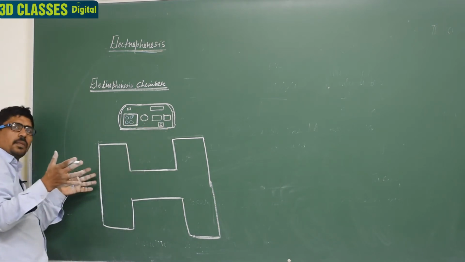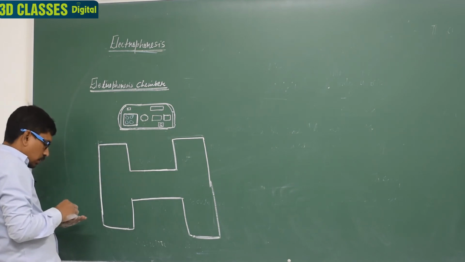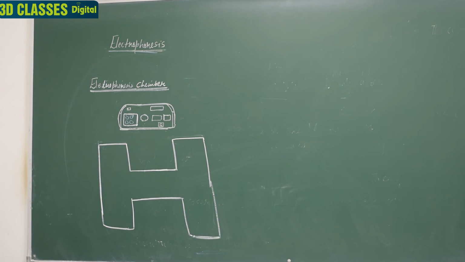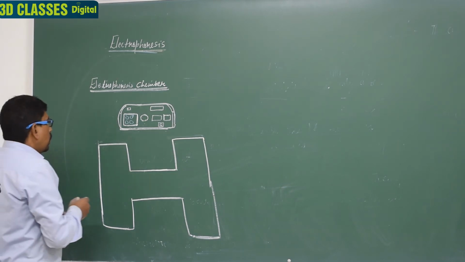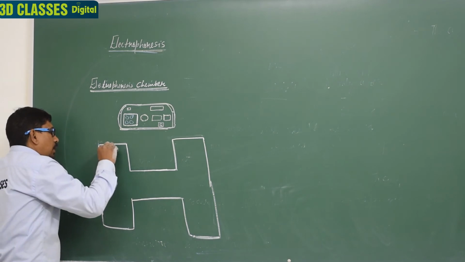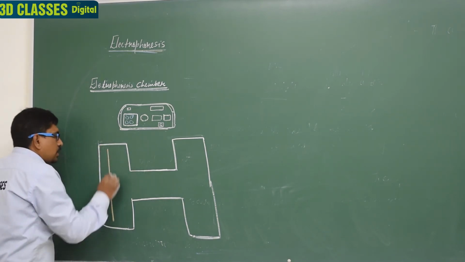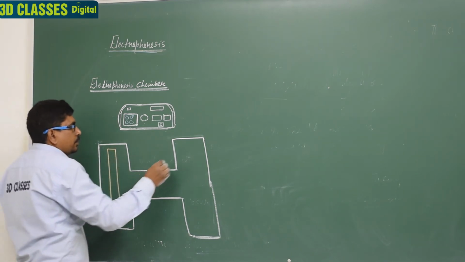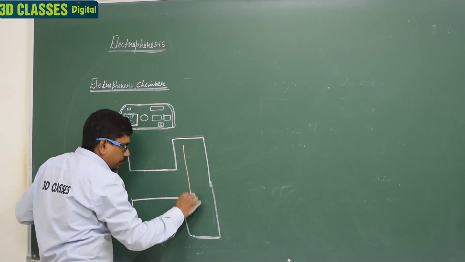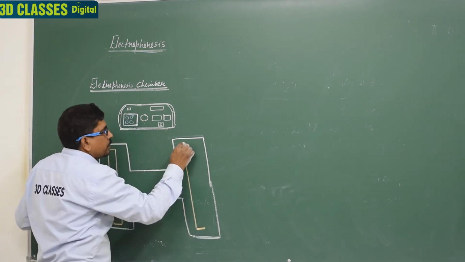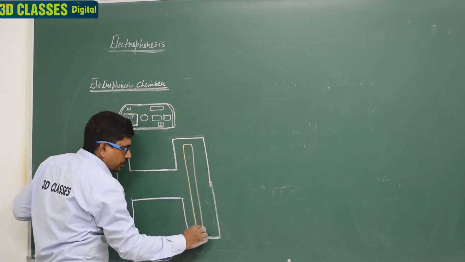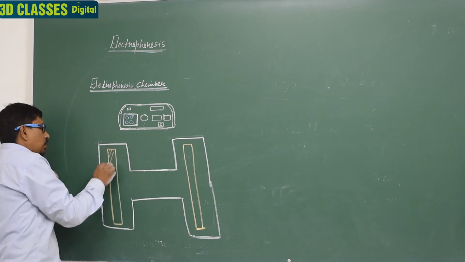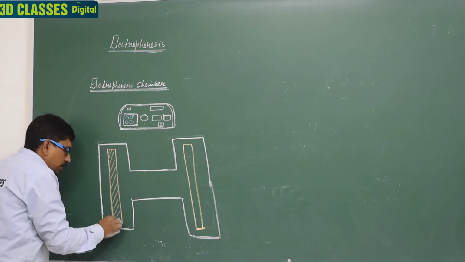So it is a structure where two electrodes are present, and we represent the electrodes here like this. Clear? These are the electrodes.